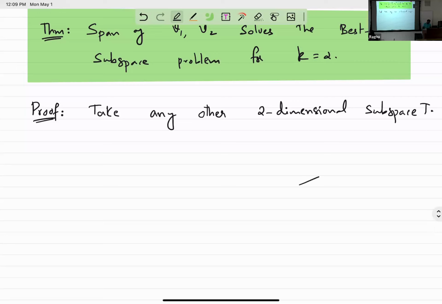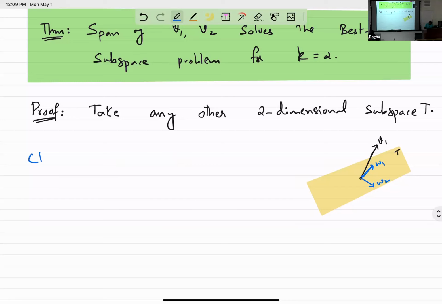We said, okay, if this T does better, then I can do an argument like this. So this is my S, and V1 is some vector in the same space. I can pick an orthonormal basis for T where the first vector is perpendicular to V1. Okay.